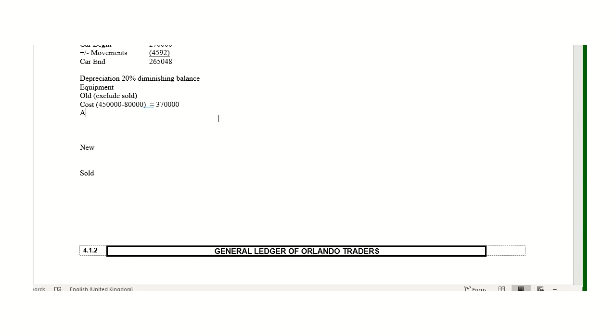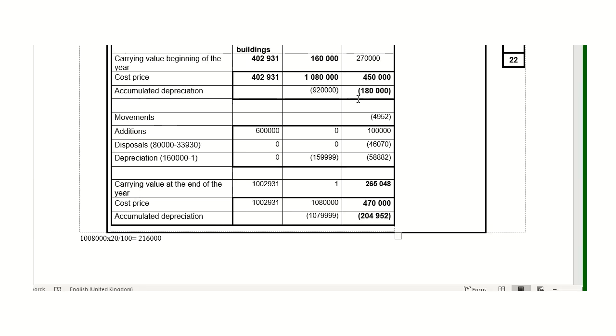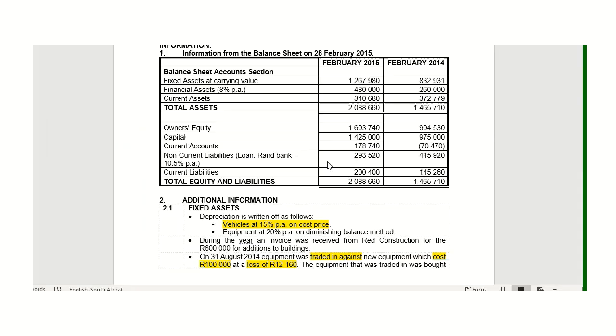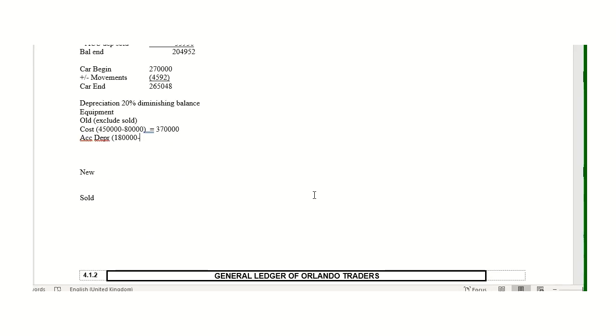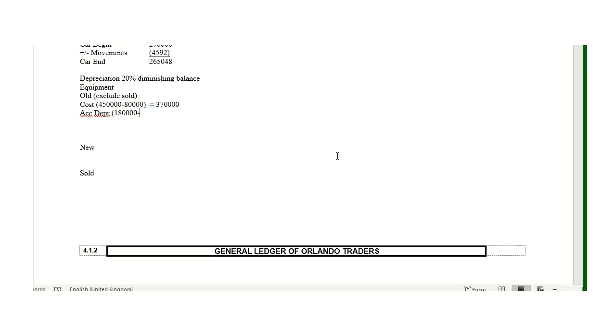From that, I must deduct accumulated depreciation. But again, I must take out the accumulated for the item sold. The old means the opening balance, 180,000, minus the accumulated for the item sold, and that I would get from my asset disposal. There it is, 33,930. Minus 33,930, which I must deduct from the cost, gives me an amount of 146,070.